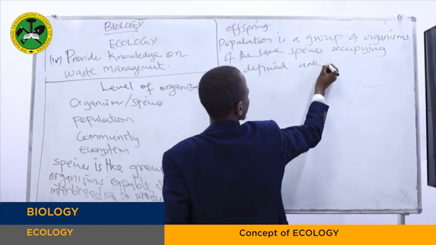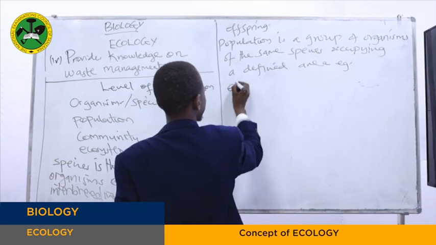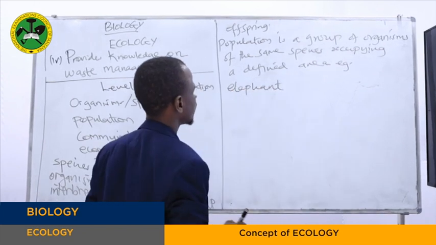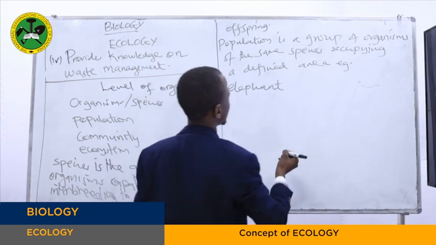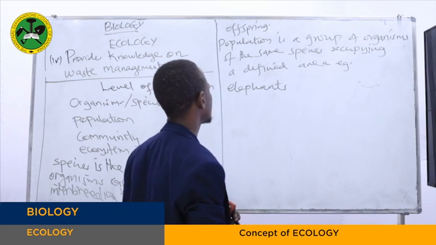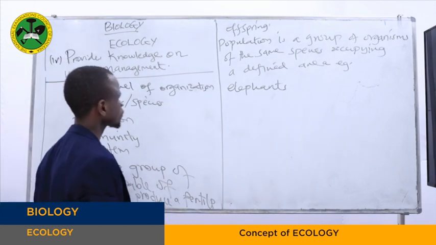For example, elephants form a population. Maybe a population of lions, a population of human beings, all the organisms of the same species.